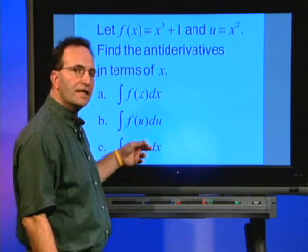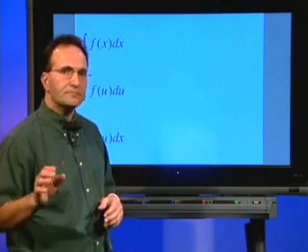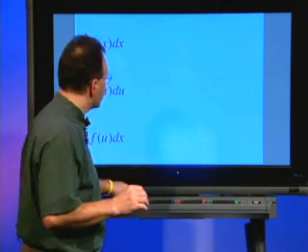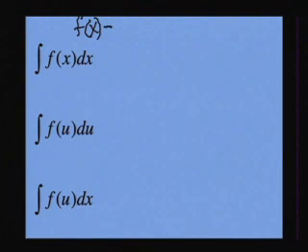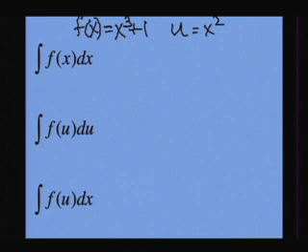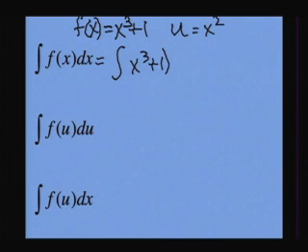So let's take a look at each one of these individually, remembering that in the original problem, we know that f of x is equal to x cubed plus 1, and that u is equal to x squared. So now we need to look at f of x dx, which would be equal to the integral of x cubed plus 1 dx.